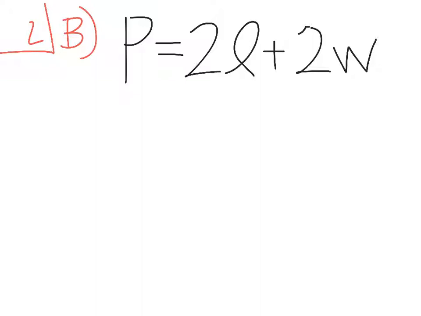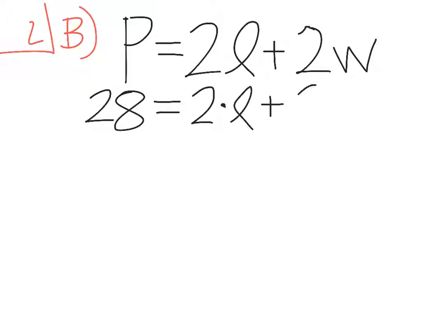And I'm using a different formula for perimeter. It's the same as the last one, but on the last one we just distributed the 2. We got 2L plus 2W. And so we're going to plug in everything we know. We know the perimeter is 28 equals 2 times the length I don't know, plus 2 times the width, and it told us the width is 8.